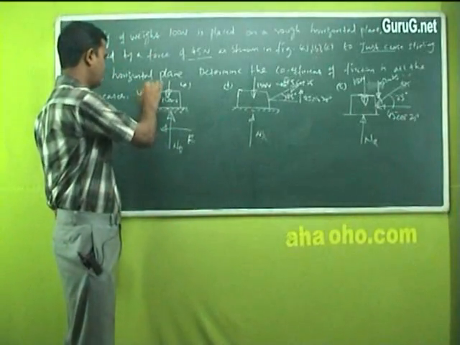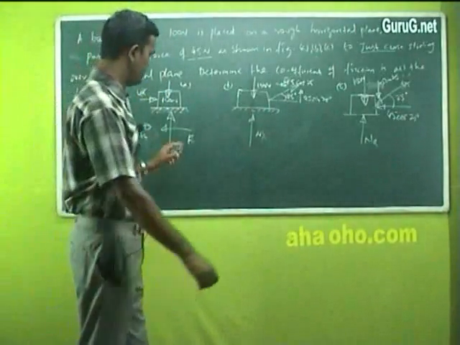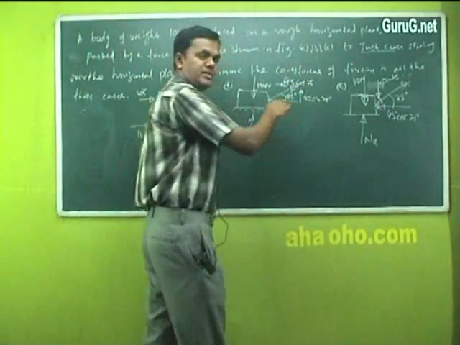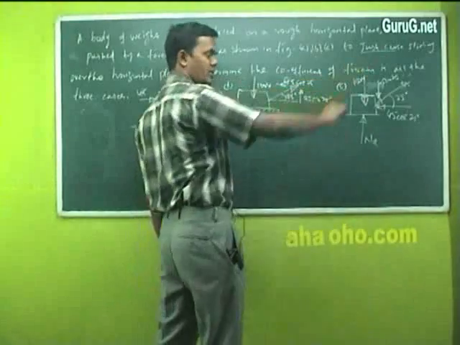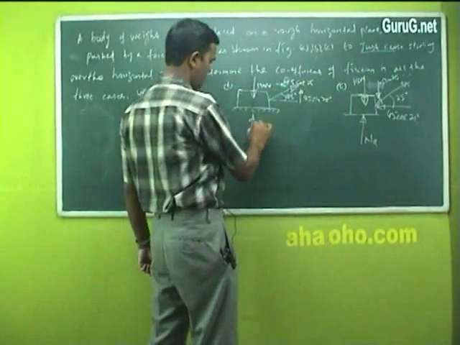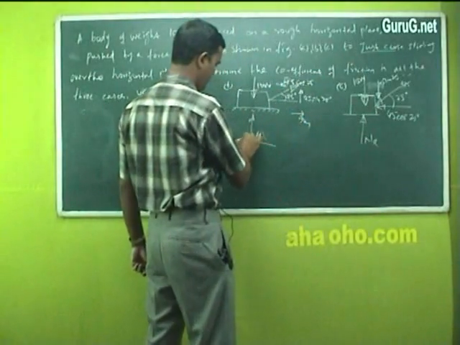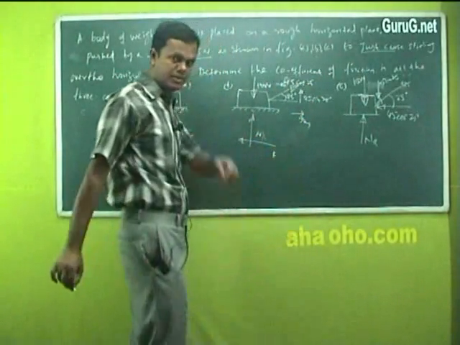This is 45 Newton. Here, where is the direction of motion? This 45 cos 25 is the horizontal force which will pull the body towards the right hand side. So when the direction of motion is here, DM, the frictional force F will be on the opposite side.